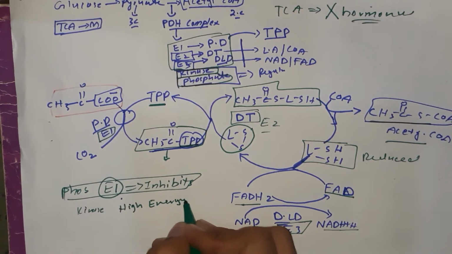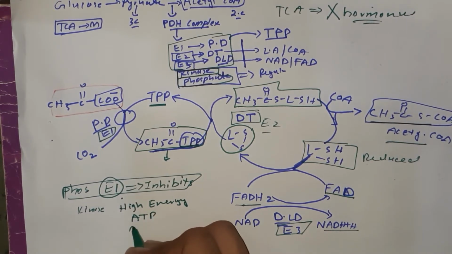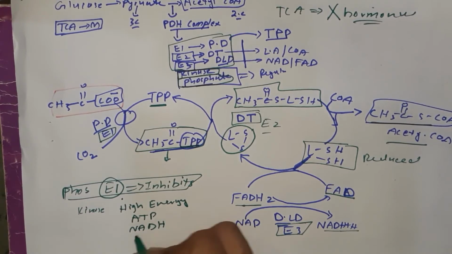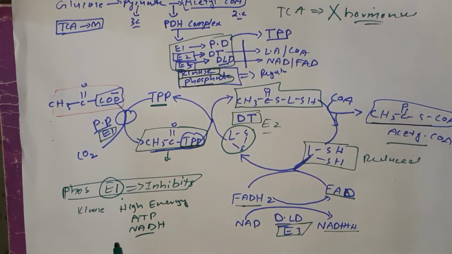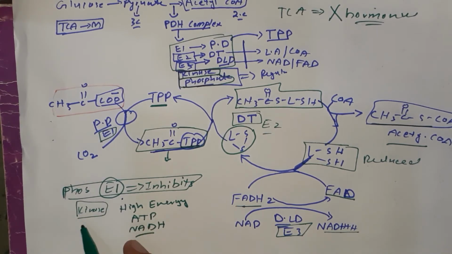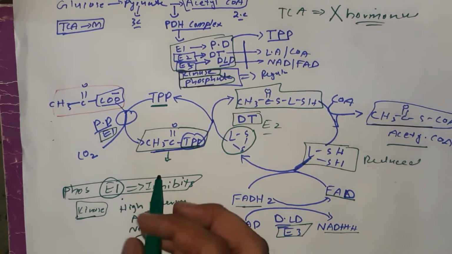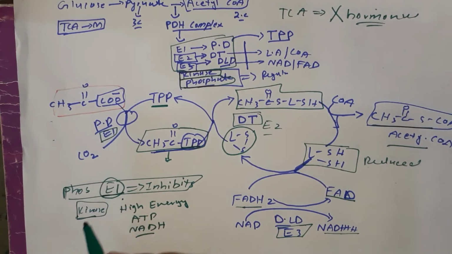High energy signal is basically ATP and NADH. So when there is surplus ATP or NADH in the cell, it stimulates the kinase activity of the PDH complex, and kinase activity phosphorylates E1 and inhibits it, saying that there is no need of further ATP or NADH. So this reaction stops and there is no formation of acetyl CoA.